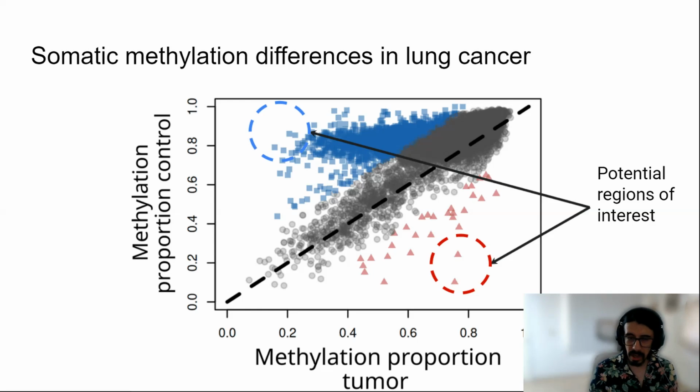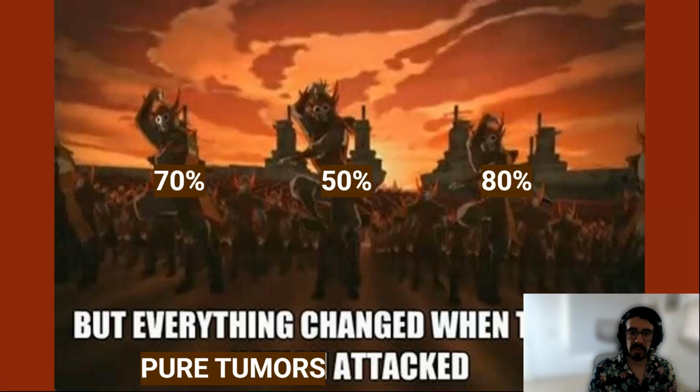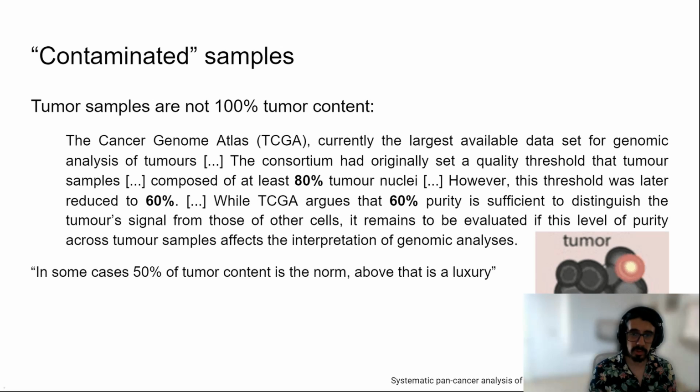So up to now, I've talked to you about all the types of somatic variations and all the methylation changes in HLA. However, things are not as simple as they look, because in cancer research, most of the tumors that you get are not 100% tumor. They are contaminated with the control. So for these contaminated samples, for example at the Cancer Genome Atlas, they started by requiring at least 80% tumor nuclei to be considered enough.